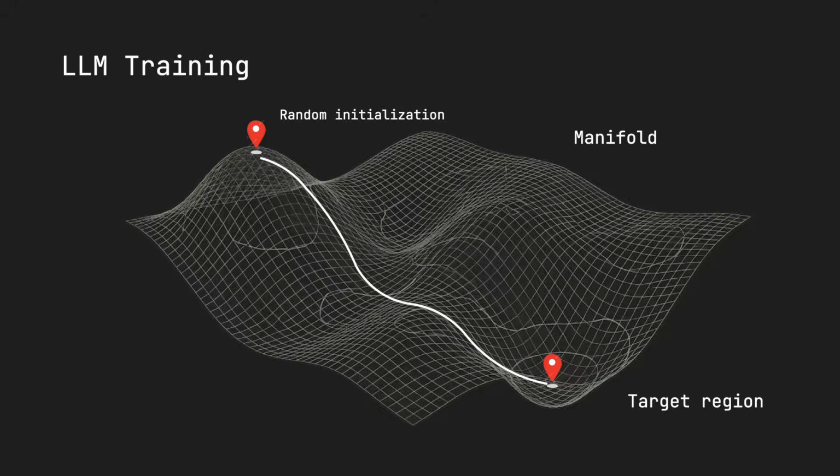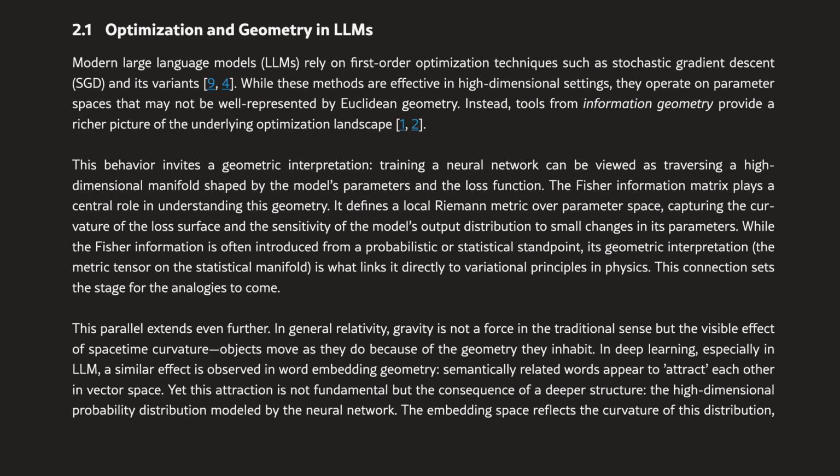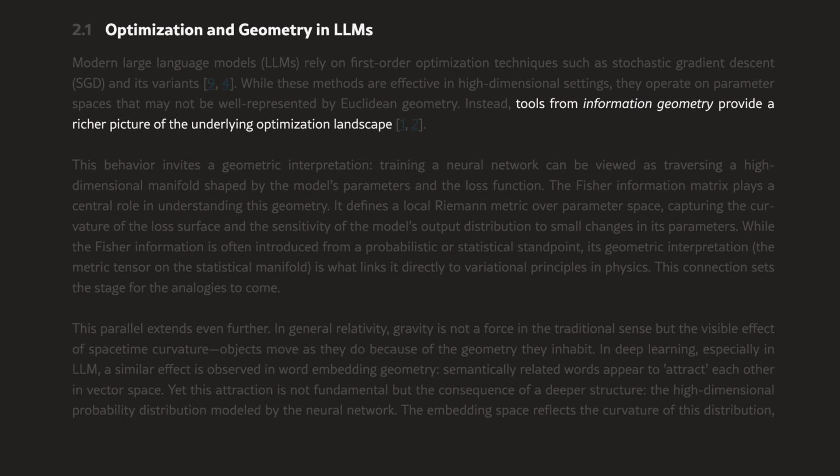One of them has to do with the Fisher metric. This paper talks about optimization and geometries in LLMs. It talks about the tools from information geometry that provide a richer picture of the underlying optimization landscape.